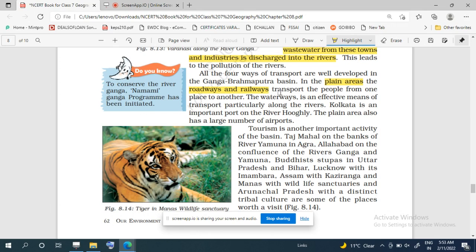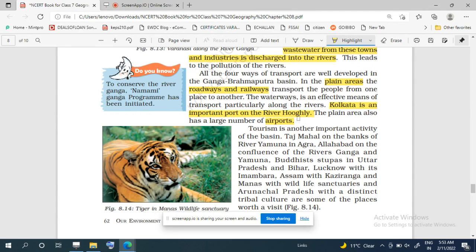And Kolkata is a very important port on the river Hooghly, and the plain area has a large number of airports also. So all the four ways of transport are well developed: roadways, railways, airways, and waterways.